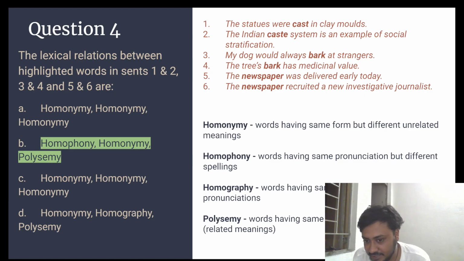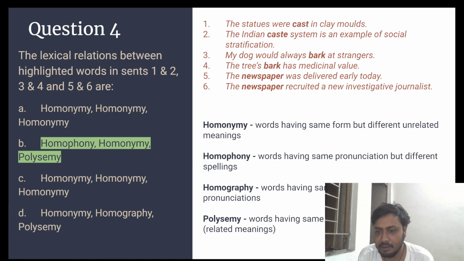So you don't get to distinguish between them either from the spelling or from the pronunciation. You have to distinguish between them based on their meaning. So homonymy is words that have the same form but different unrelated meanings. Like the meanings have no correlation.